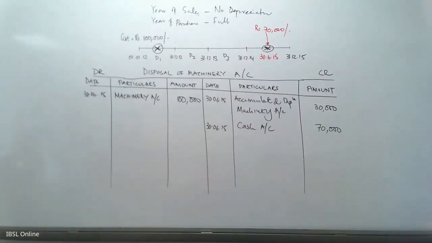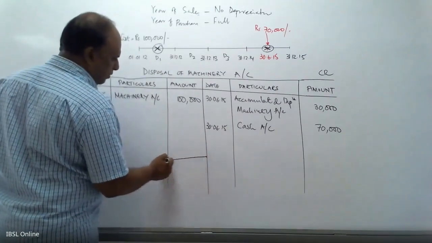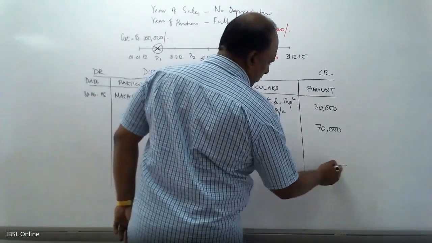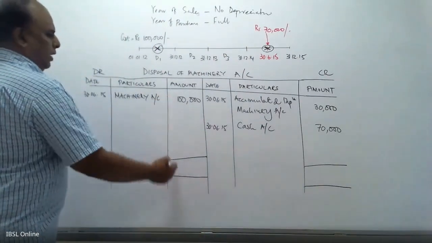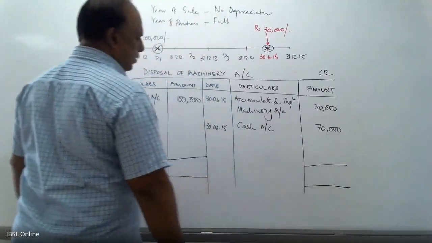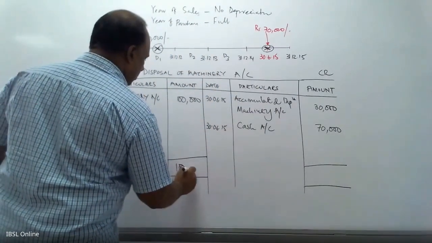So in order to calculate the profit or loss, what should we do? We need to do a balancing of this account. Left side 100,000, right side 100,000. So your maximum total is 100,000.